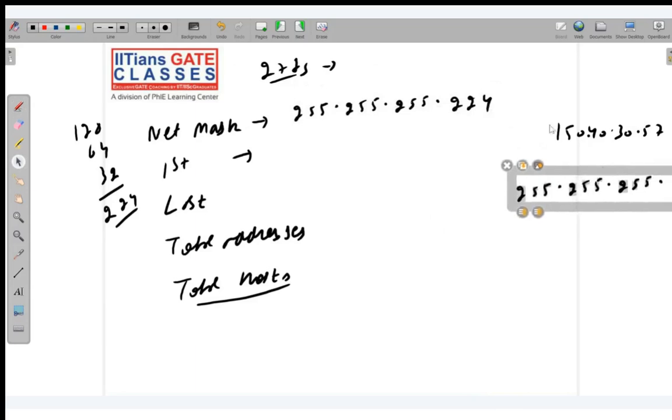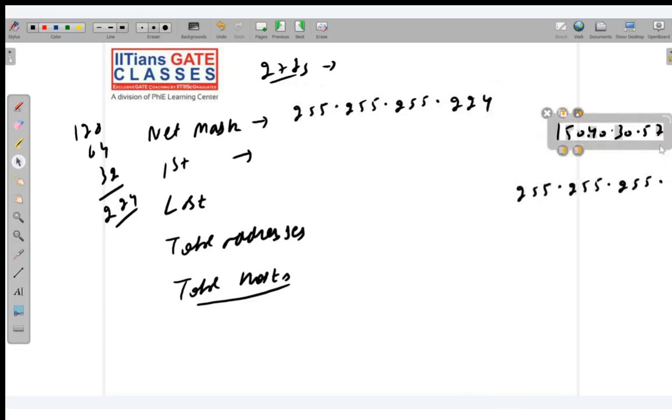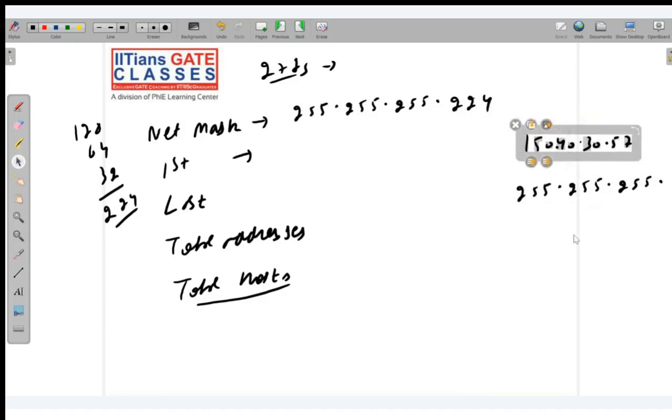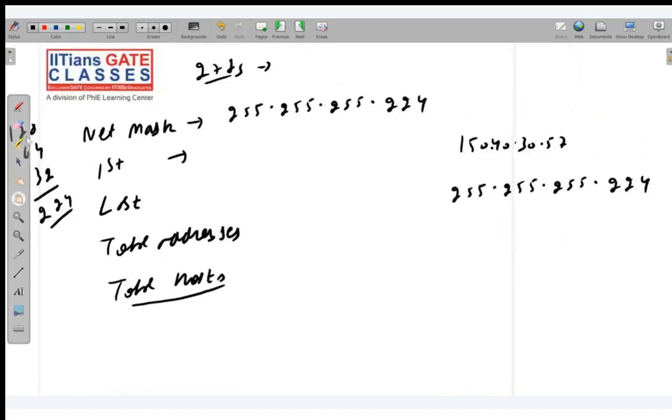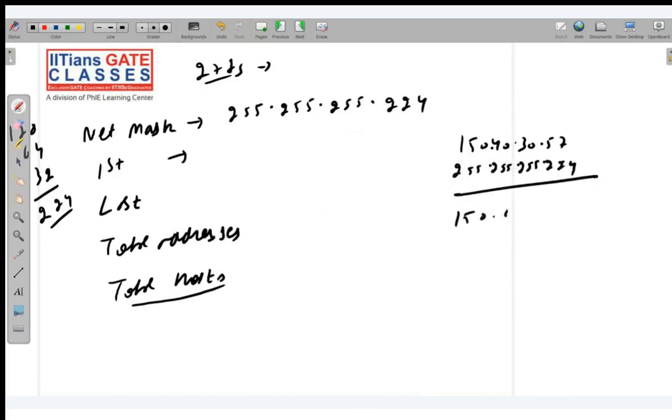With 255.255.255.224, it comes out to be 150.40.30 and, for the last byte, the first three bits are ones, but in 57, see this, 128 is 0, 64 is 0, and 32 will be 1, so the answer will be 32.